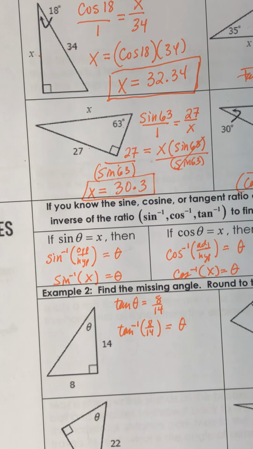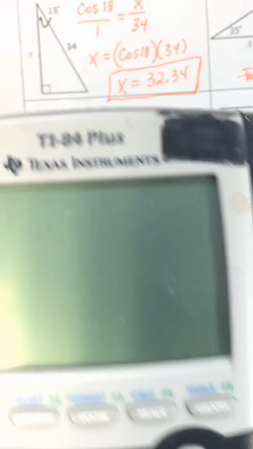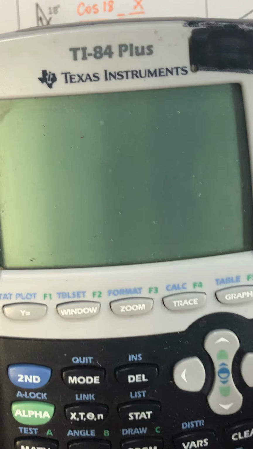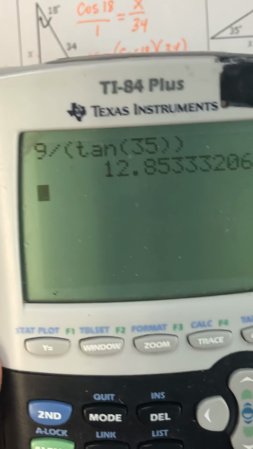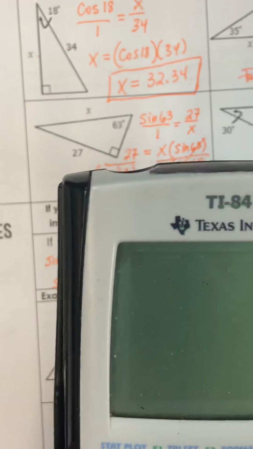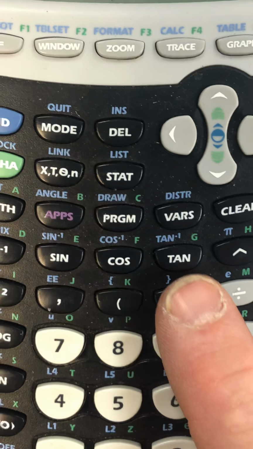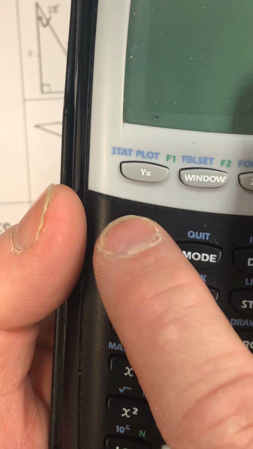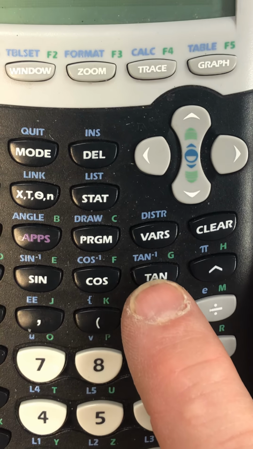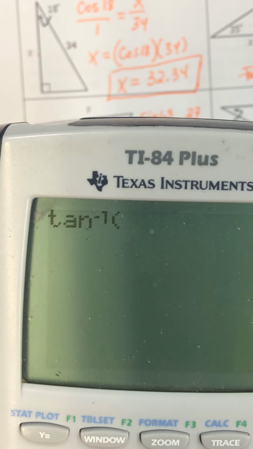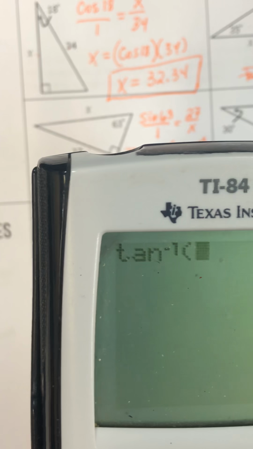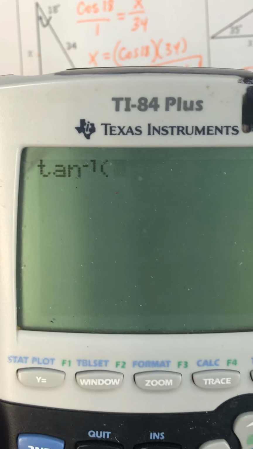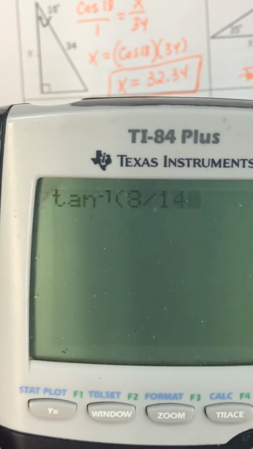So this is how we do this on the calculator. So whatever calculator you have, you're going to want to do, what, inverse tangent? So here's the tangent button. If I do second tangent, the little blue is tangent to the negative 1. So inverse tangent, and you can see that it says tangent to the negative 1. Then I just type in the fraction that I had, which was 8 over 14, or 8 divided by 14.